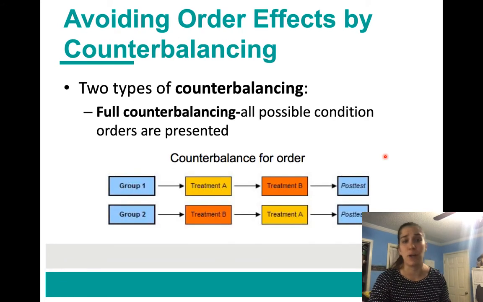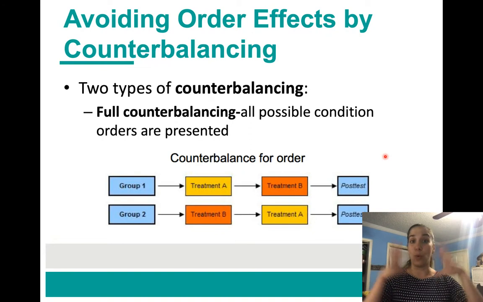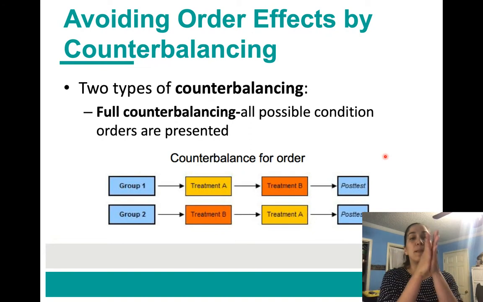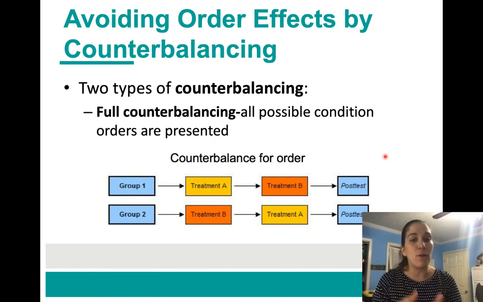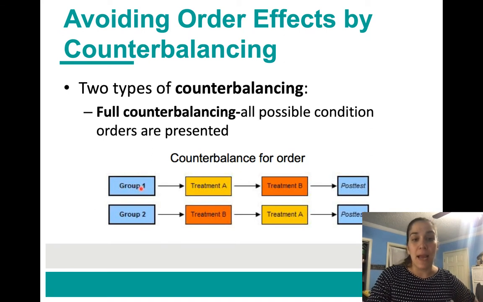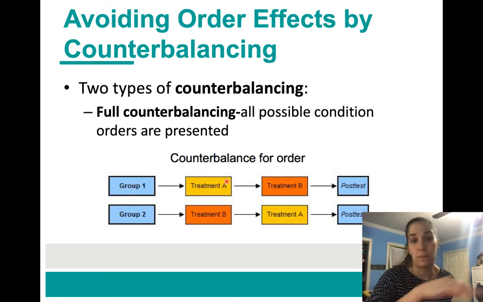So what the heck is counterbalancing? Counterbalancing is taking your one group and splitting it into two groups. But all your participants still get exposure to every level of your independent variable. So for example, let's say I have group one, and let's stick to the example of the chocolate.